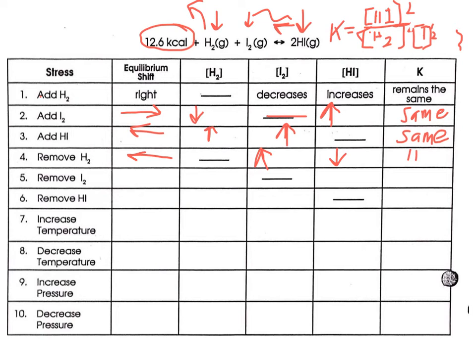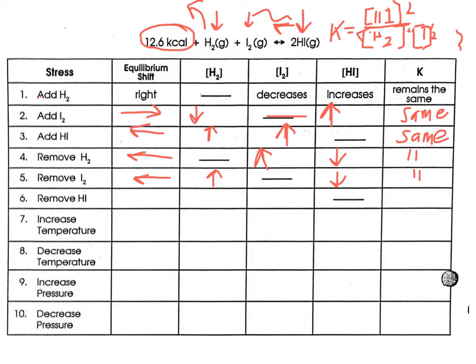And the equilibrium constant will stay the same. Same thing, if I remove I2, this system will shift to the left to make up for it. H2 will be produced, HI will be consumed, and the equilibrium constant will be the same.